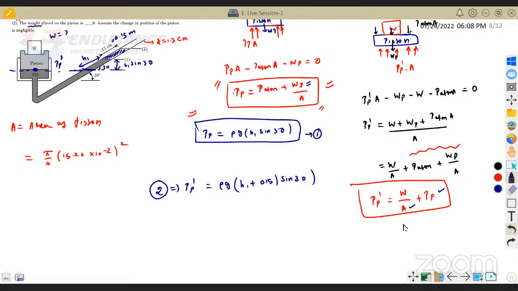Any doubts here, how I'm writing it? I'm just equating the manometer.